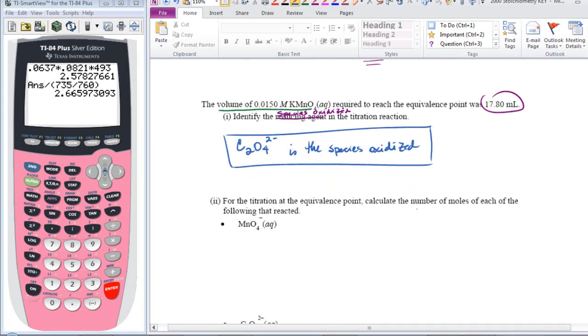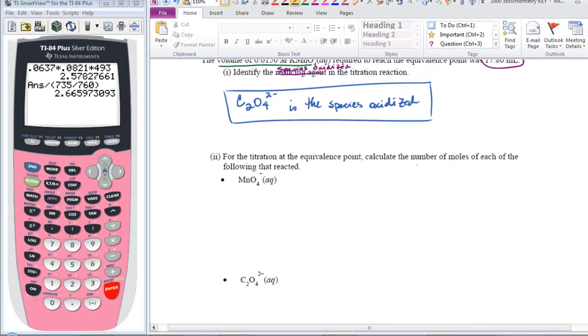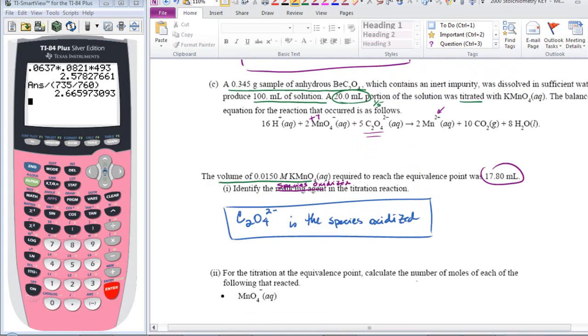And then for the titration at the equivalence point, calculate. Okay, that's more what I expected. Calculate the number of moles of each of the following that reacted. So first we want the MnO4- that reacted. So that's simply because it's in solution, the molarity. I'm going back to my purple for this.